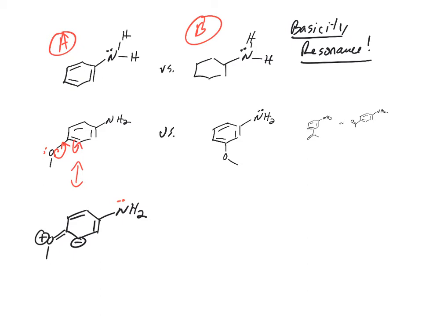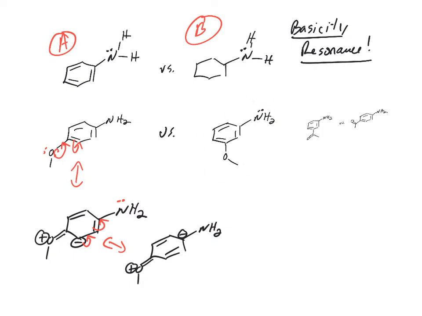So let's keep moving these lone pairs around. Resonance arrow. Balancing my charge. Now this seems good because I have a negative charge right next to that nitrogen. That means I'm pushing electrons towards it. It's really close to that. That's good.